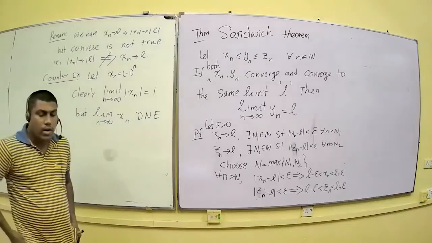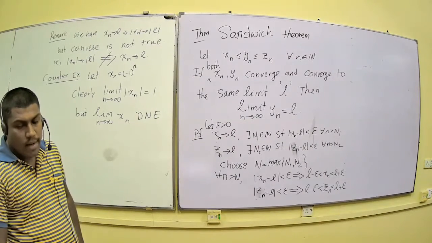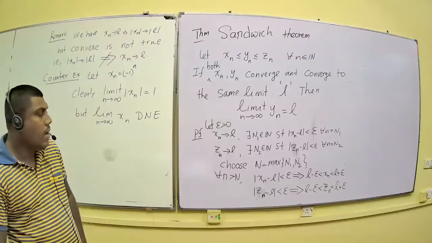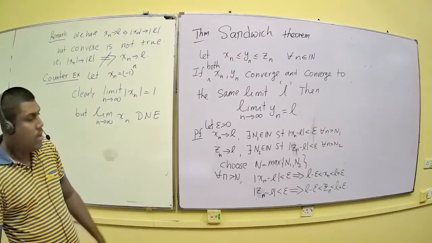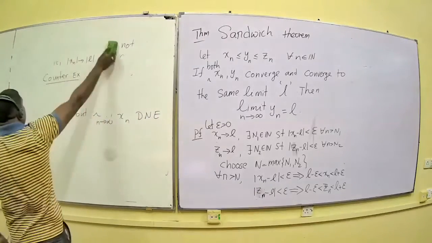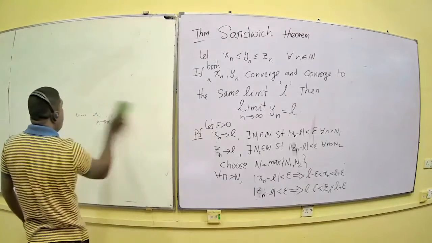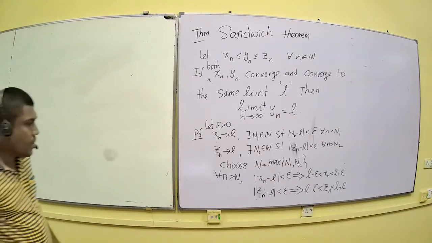For all n bigger than N, you have this. But you want yn, and yn should be between L minus epsilon and L plus epsilon. That can be easily done, so we will take it piece by piece.